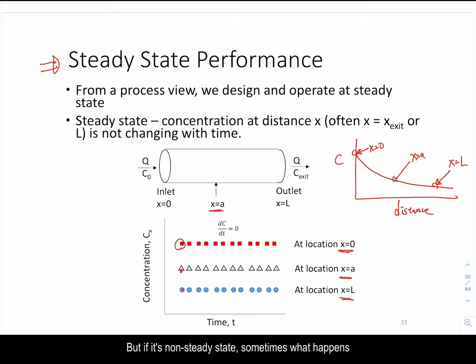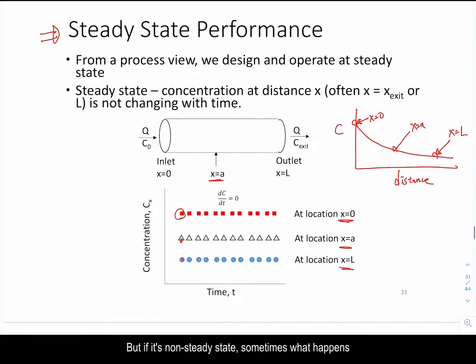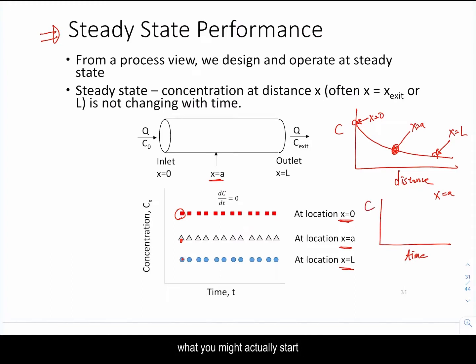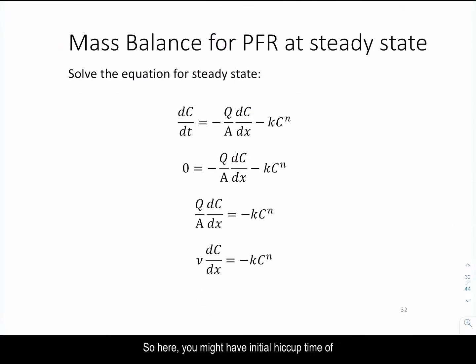But if it's non-steady state, sometimes this concentration here might change, right? So if I focus on x equals A, and after the reaction starts for a certain time, you might see something like this.